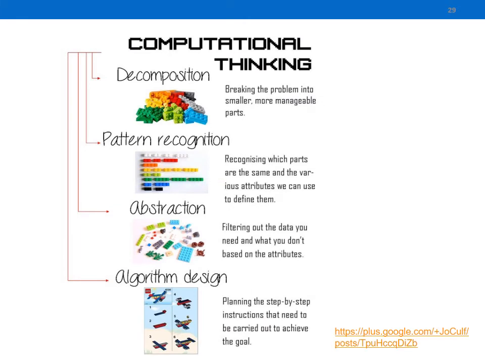So that decomposition is breaking a problem down, looking at patterns, so which parts are the same by size and color, that sort of thing. Abstraction, filtering out the data you need and what you don't need. And algorithm design, which is the step-by-step instructions to achieve the goal.